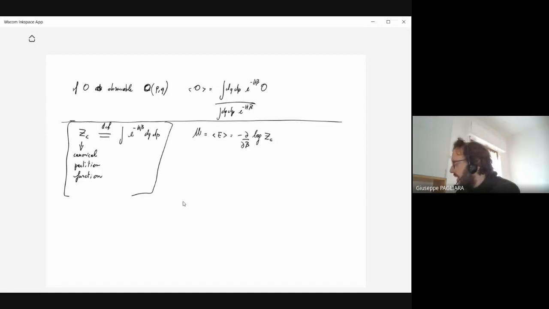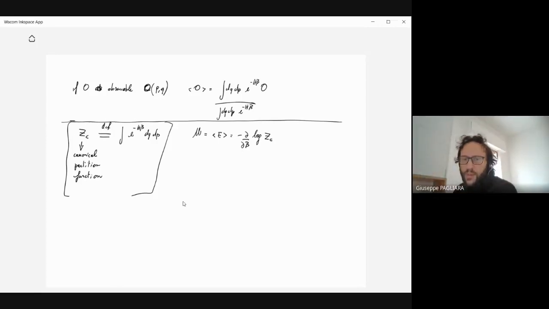This is easily realized because if I do the derivative with respect to beta with a minus, I get a factor H in the numerator, so I get exactly the same expression as before.